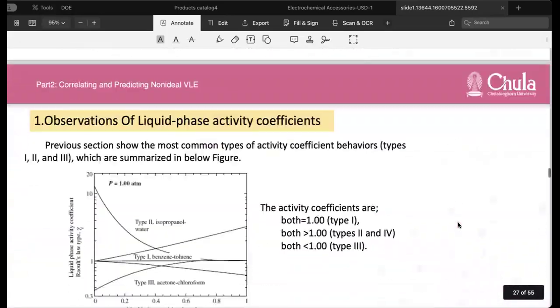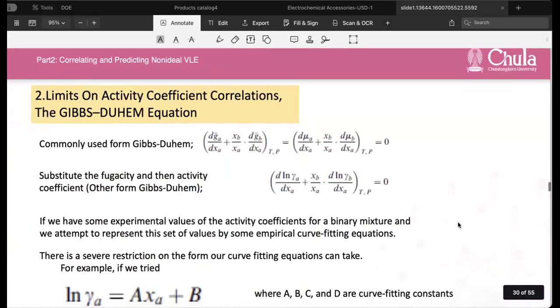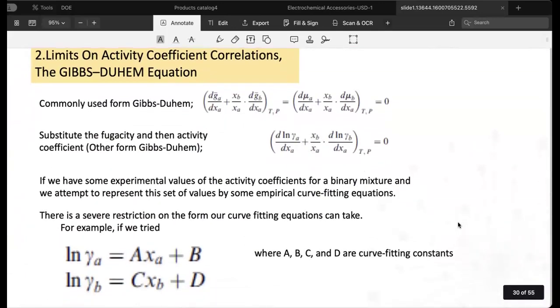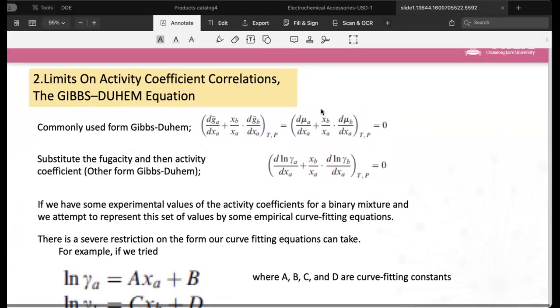So, one thing before we directly discuss the model of the activity coefficient, let me emphasize that once you obtain the data, you need the Gibbs-Duhem equation. You have to consider the Gibbs-Duhem equation first. Why? Remember the Gibbs-Duhem equation?